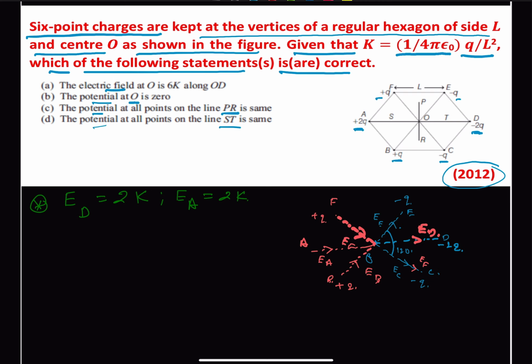Further, the electric field because of the charge at E will be equal to K, and the electric field due to charge B will also be equal to K. And finally we are left with EC and EF.